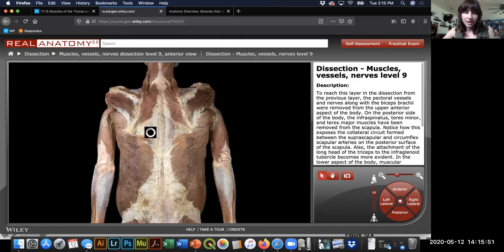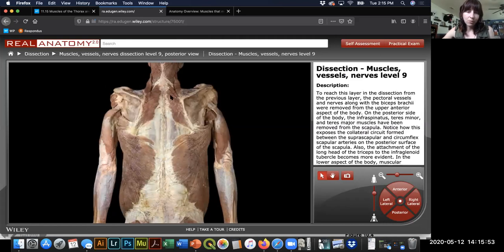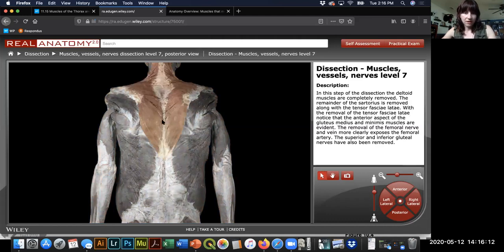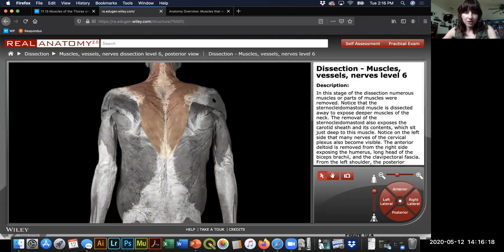Oh, there it is. Okay, so the rhomboid major, and it looks like we already dissected away the infraspinatus. Oh, there it is. Okay, so there's them both together. The trapezius goes over that. And then apparently the deltoid is considered to be superficial even to that, because the trapezius was dissected away after the deltoid, which is interesting.